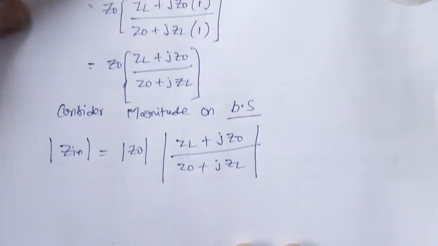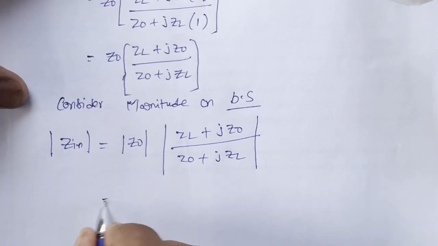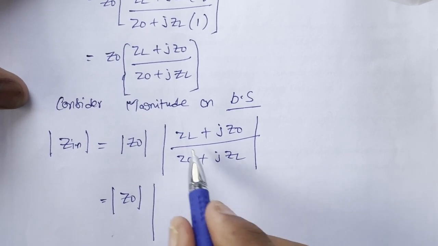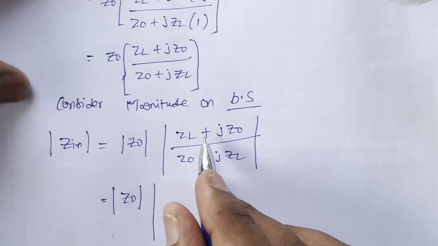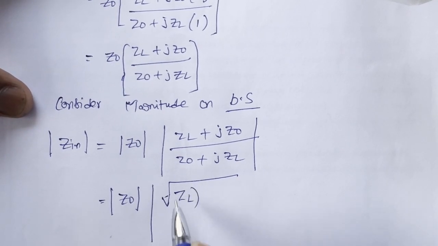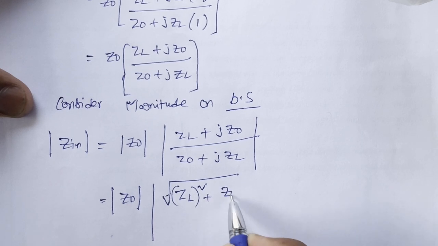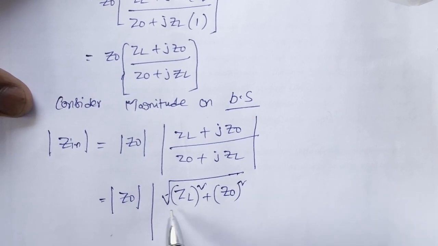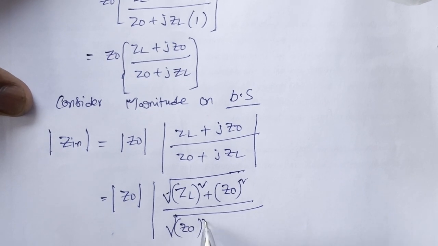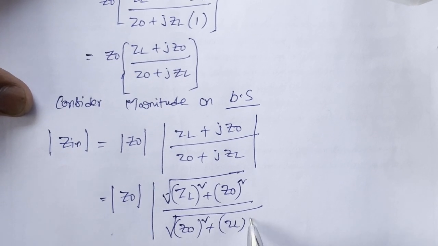That is equal to magnitude of Z0 into, by applying magnitude for these functions, square root of ZL square plus Z0 square by square root of Z0 square plus ZL square.